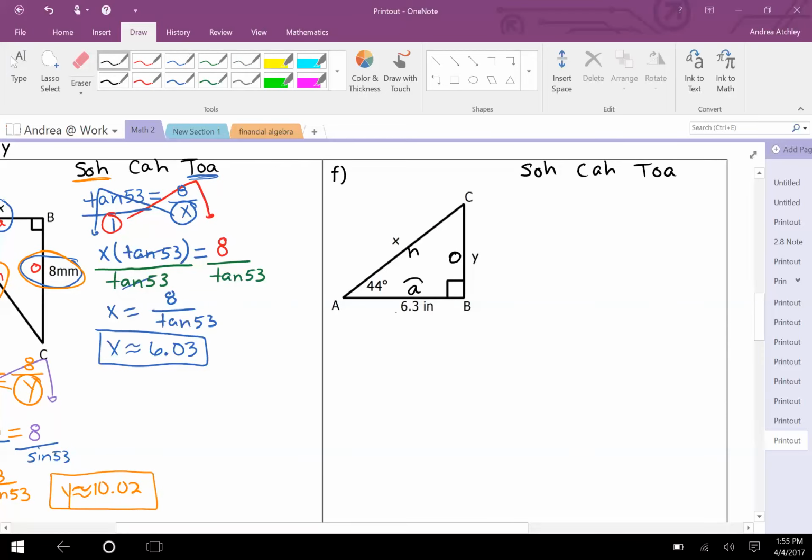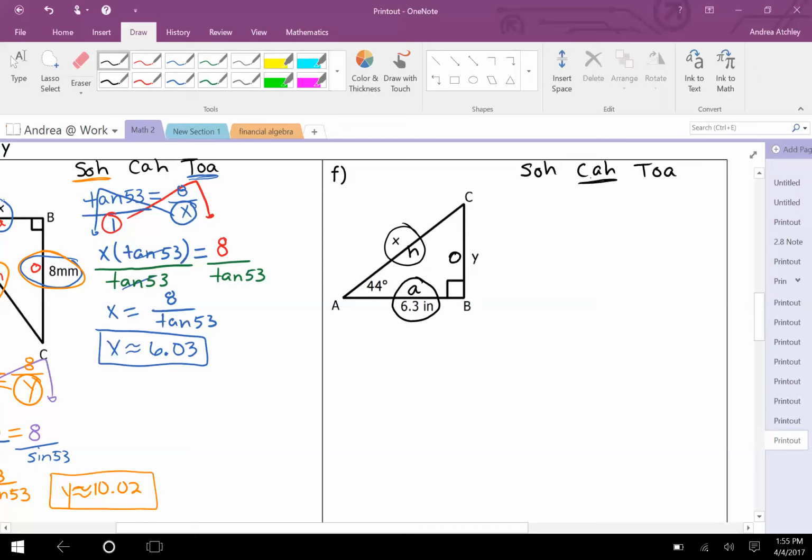Okay. And what other side to find x? Is that x? Adjacent and hypotenuse. So we want to do these two. So that's adjacent over hypotenuse.